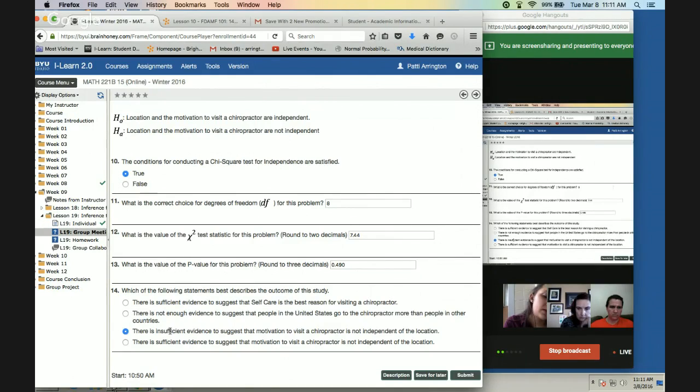If it's insufficient, it means the p-value is greater than the level of significance, so you don't reject. But if the p-value is less than the level of significance, then you have sufficient data to reject the null and say that the alternative hypothesis is true.